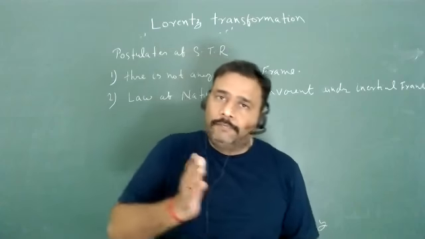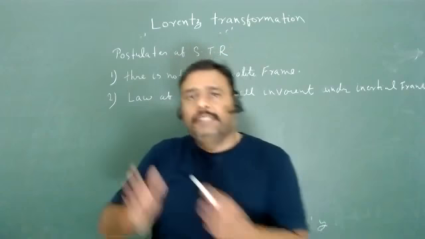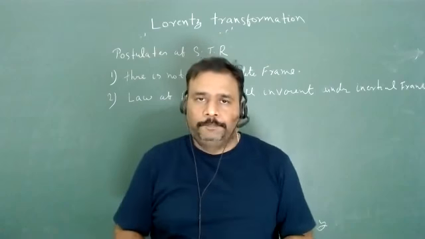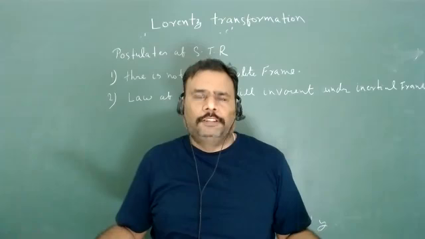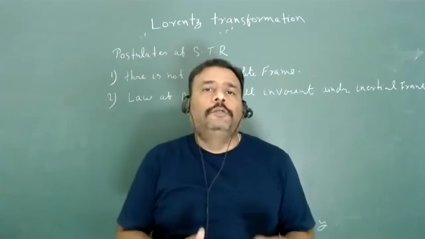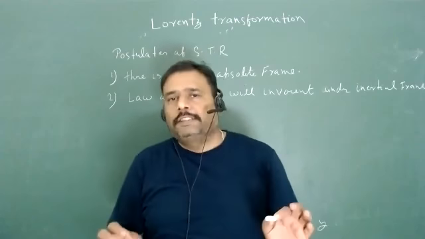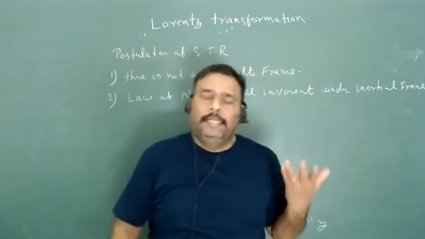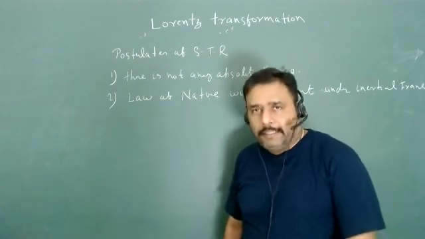But if there is a conservation law, then obviously the conservation law should hold when measured from the other frame. This is all about the laws of nature. Whatever laws of nature you are learning, all should be preserved under inertial frames. This is a very nice thing, and obviously very trivial for any inertial frame, and this also comes from the Galilean one.